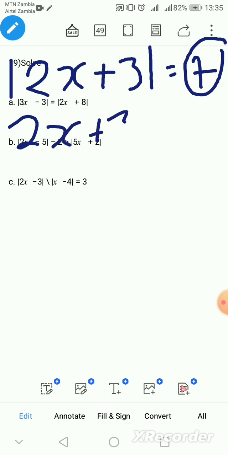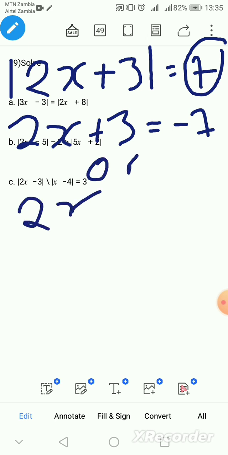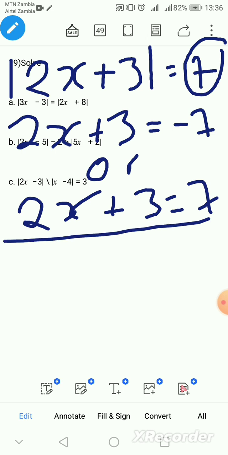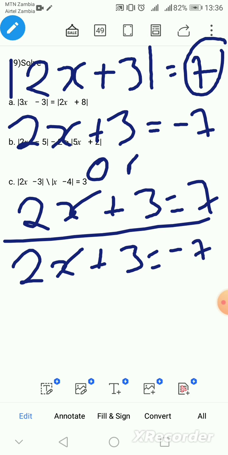Once we confirm that the equation is valid, we break it down. We remove the modulus sign, then we can have a negative outcome or a positive outcome. Once we have that scenario, we solve our two equations separately. The one with a negative outcome will have 2x plus 3 is equal to negative 7.